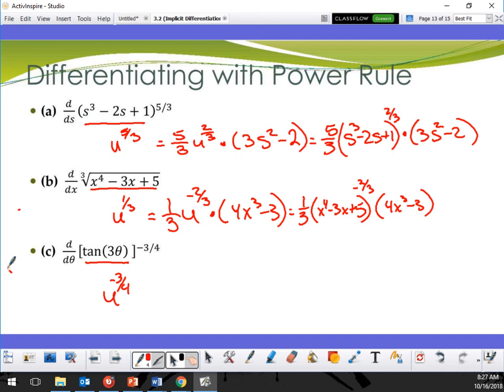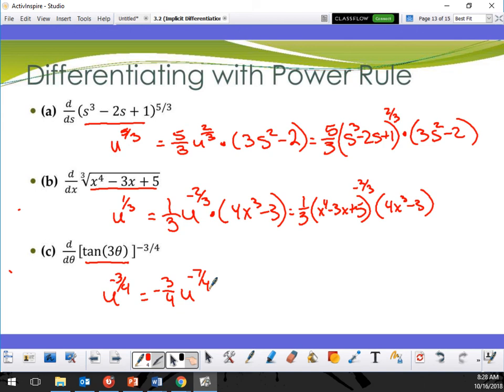So if I take the derivative of that, negative 3 over 4, u to the negative 7 over 4. Very good. So that's the outside portion.